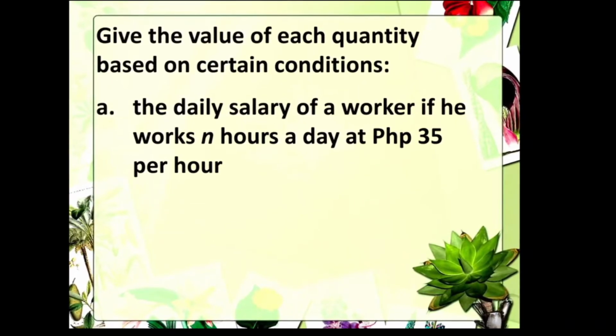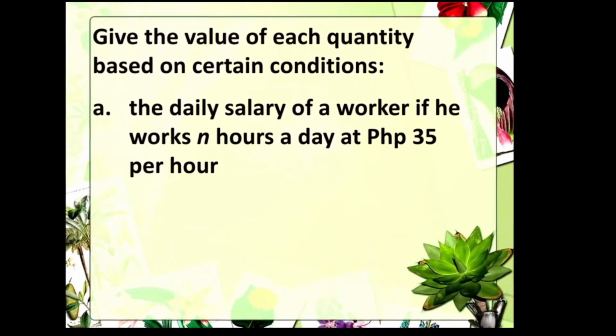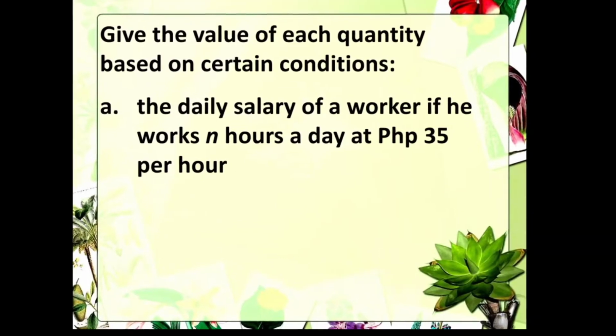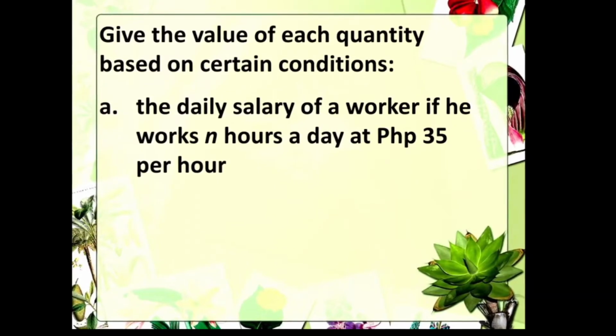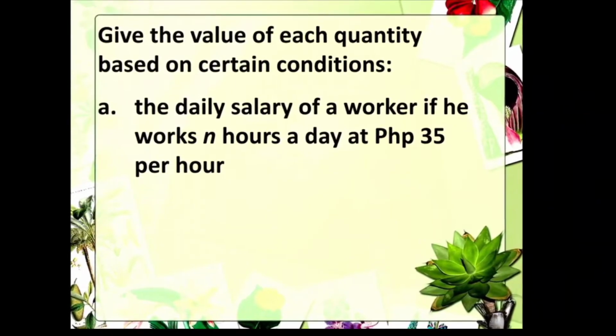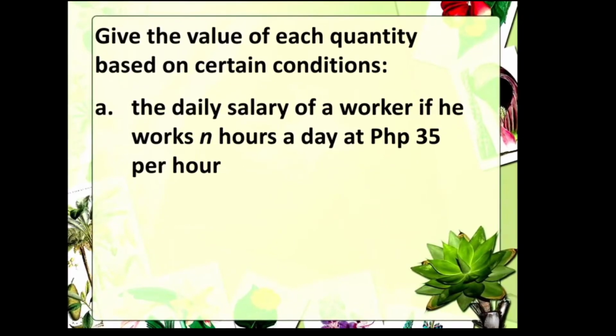In that case, you have to multiply 60 by 2 for us to obtain the amount of money you will get for 2 hours. So 60 plus 60, that is 120. Or 60 times 2, that is 120.